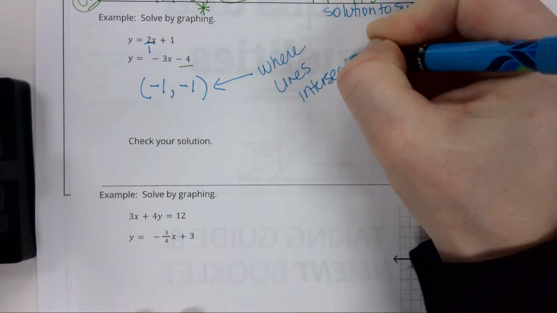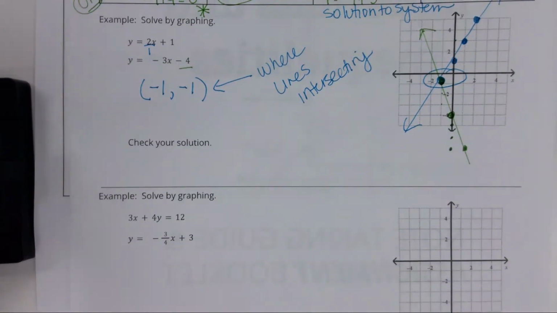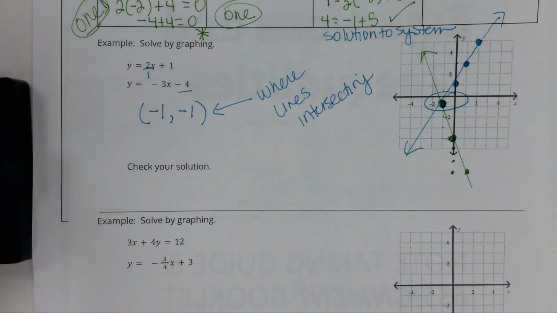Who can see a little bit of a problem with graphing to find solutions? Who could tell me what could be a problem if I want to solve by graphing? Aiden? Yeah, we'll talk about that in a second.